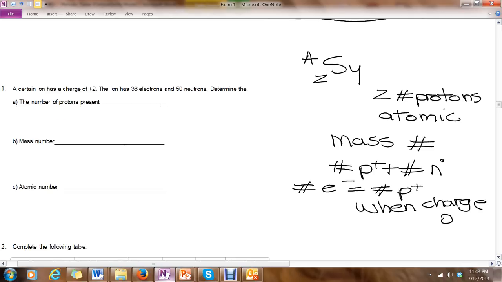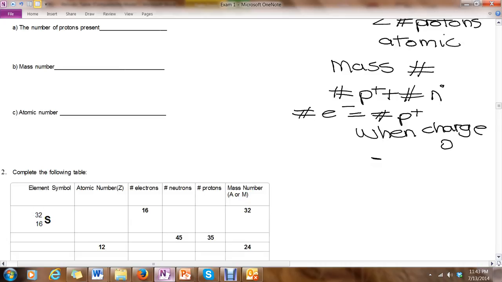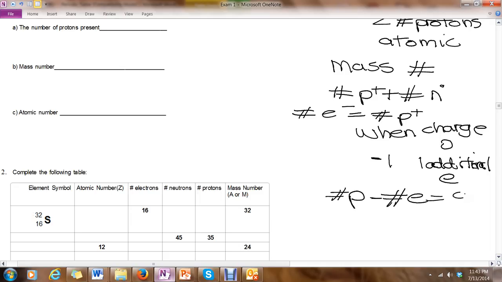So if you have a negative charge, -1, you have one additional electron. I know some of you haven't seen this formula, but what I usually explain is that the number of protons minus the number of electrons is equal to the charge.